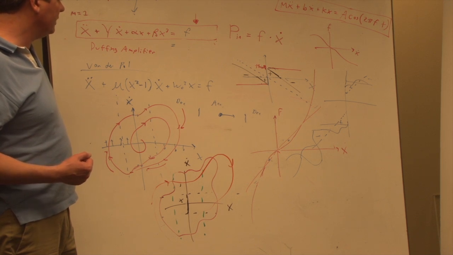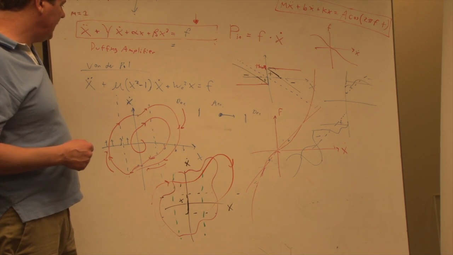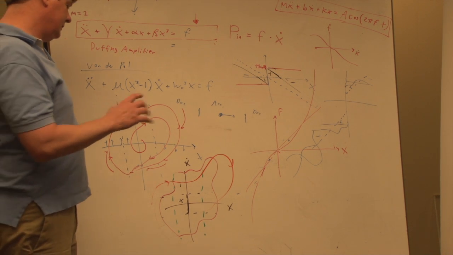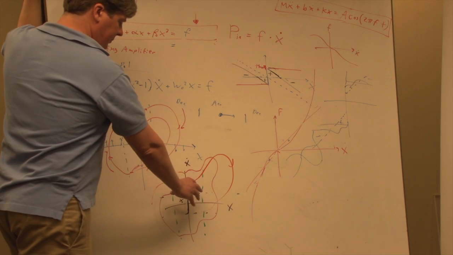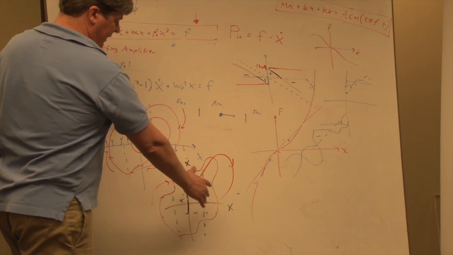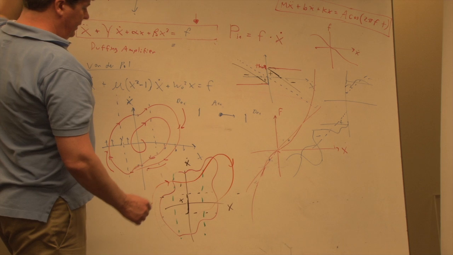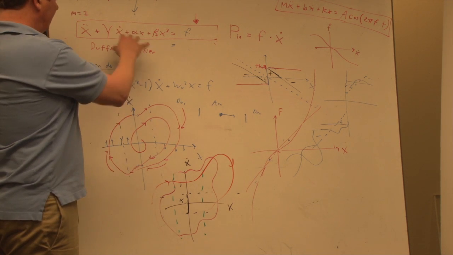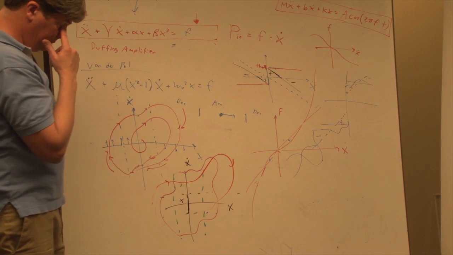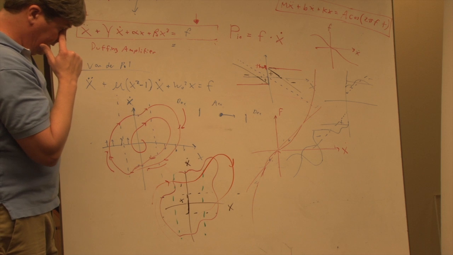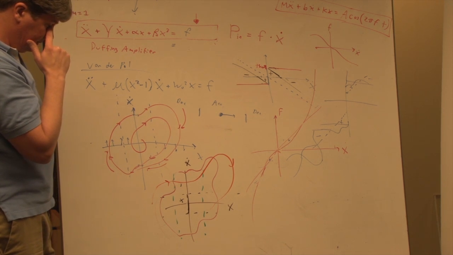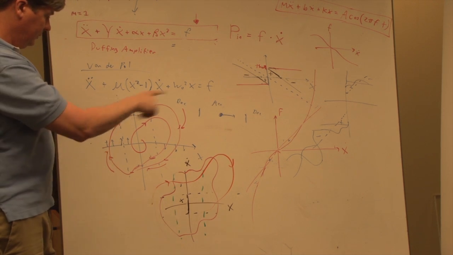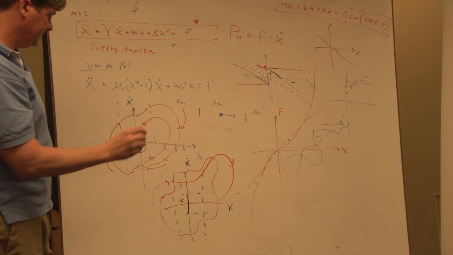Try to only do positive work. There's an infinite number of ways you can do that, but as long as inside some region of your state space you're adding energy, and outside that region you're subtracting energy, then if you have a mass spring damper system, the system will find something that doesn't blow up and doesn't shrink to 0.